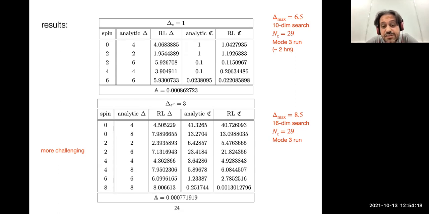You would expect that if you give the right windows and the right number of operators, you will probably land in a known theory, but that's not so obvious, right? The code will try to dynamically, as we will see later on, turn off an operator.